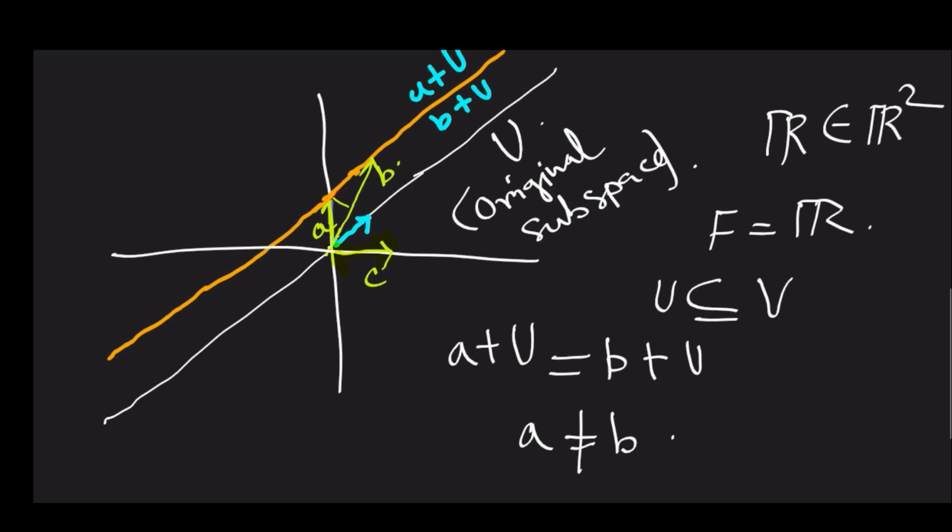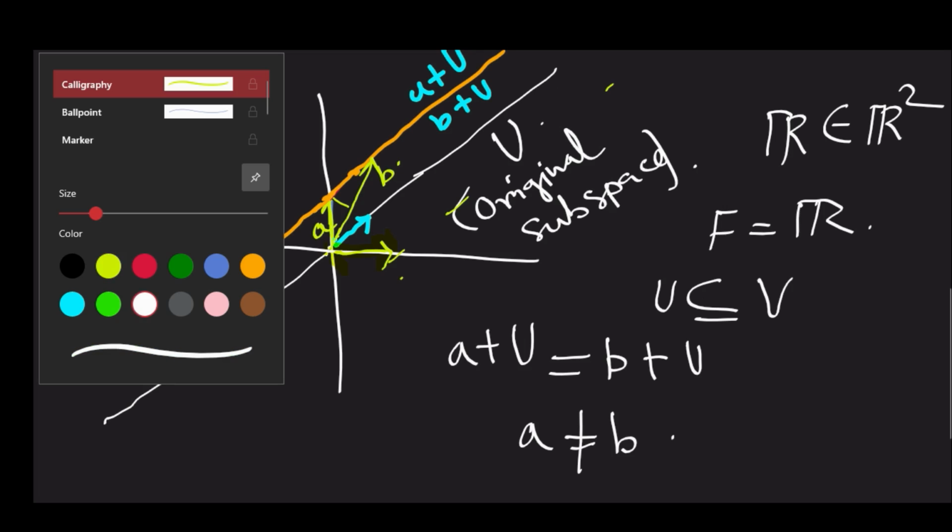Here it is C. So how will this C shift this A plus U? C plus U will be here. Obviously C plus U is not the same line as you are having. So obviously for some vectors we can have A plus U equal to B plus U while A is not equal to B, but not for all vectors.